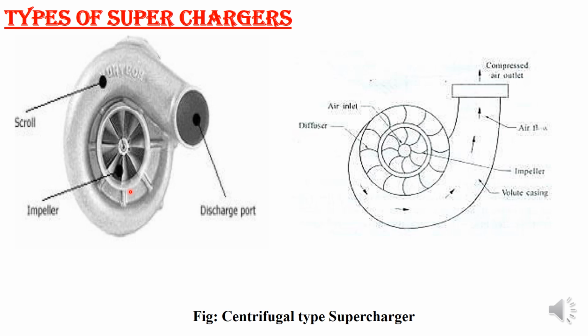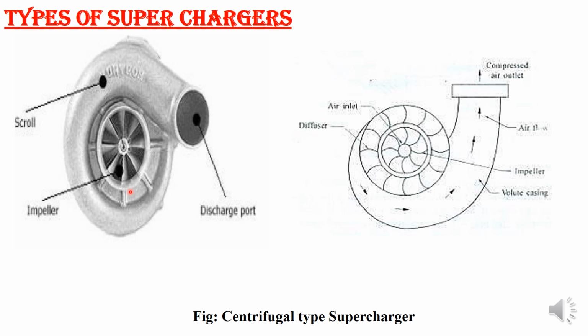Remember, what is the difference between a turbocharger and a mechanical supercharger? In the mechanical supercharger, the compressor or supercharger is run by the engine crankshaft, whereas in a turbocharger the compressor is run by a turbine, which in turn is run by the exhaust gas energy of the engine.